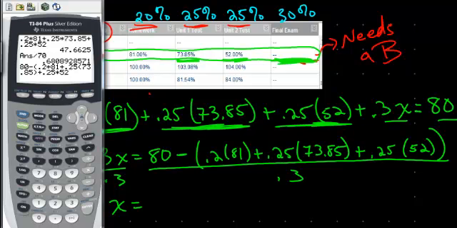We got all that in there, right? 0.2 times 81, 0.25 times 73.85, and 0.25 times 52. Enter. Now divide out by the 0.3.